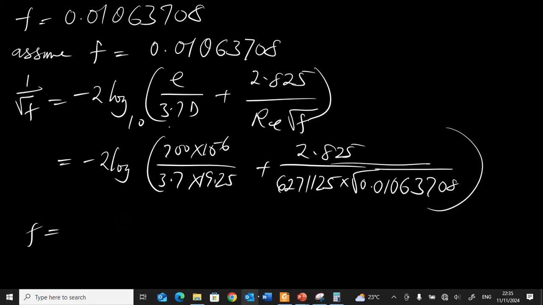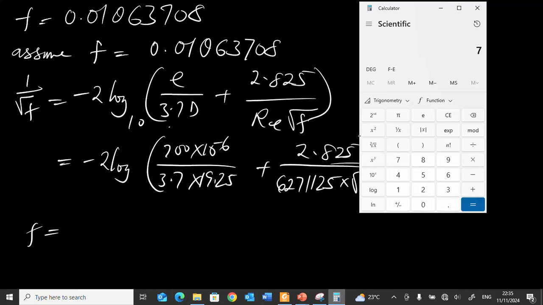We have 700 exponential minus 6 divided by 3.7 divided by 19.25 plus 2.825 divided by 6271125 divided by 0.01063708 raised to 0.5, equal to.